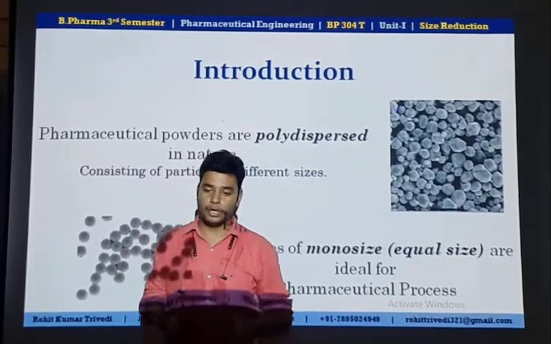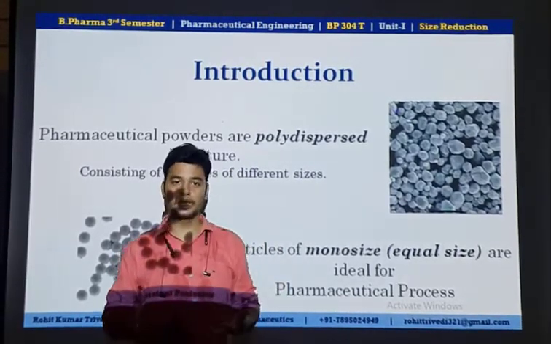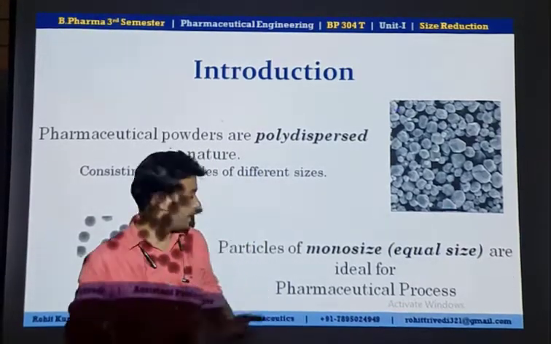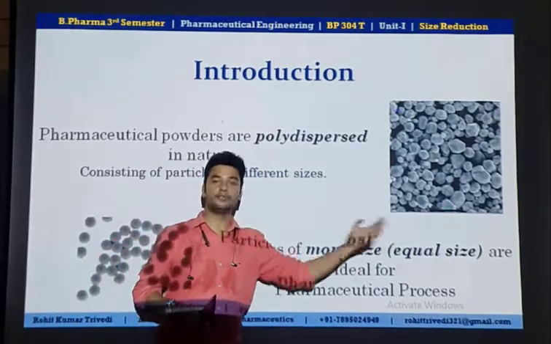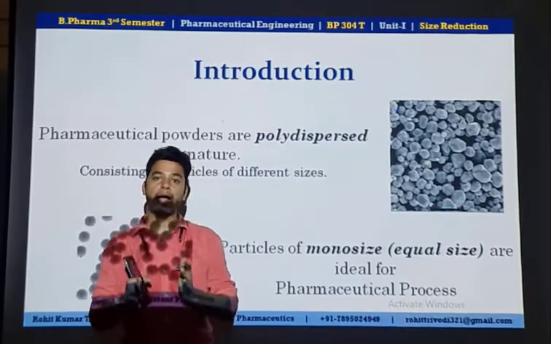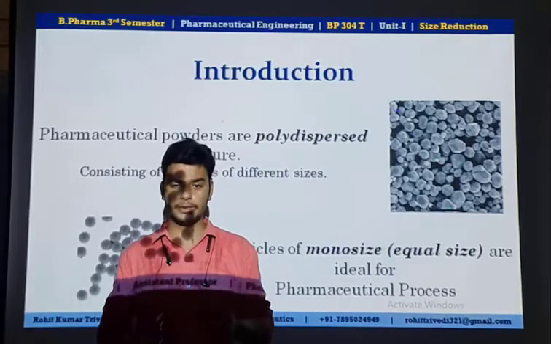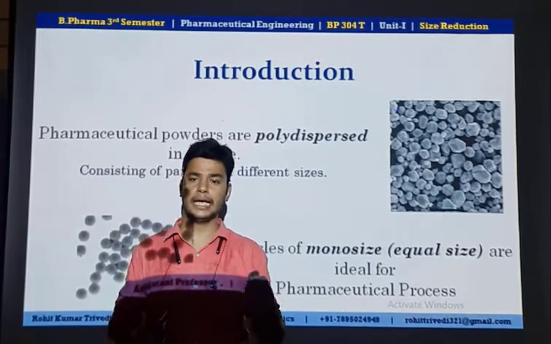But when we talk about the manufacturing of pharmaceutical products, we actually require a monosized or equal size system for making an ideal pharmaceutical dosage form, like tablets, capsules, suspensions, and emulsions.